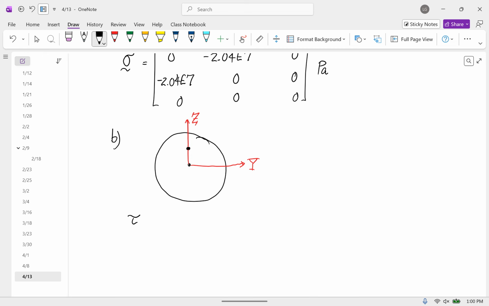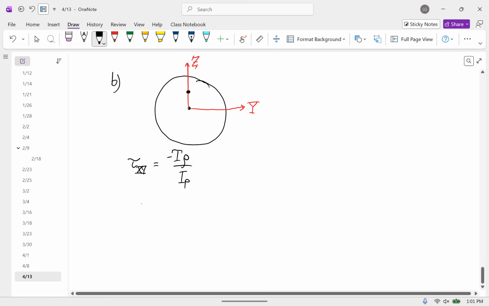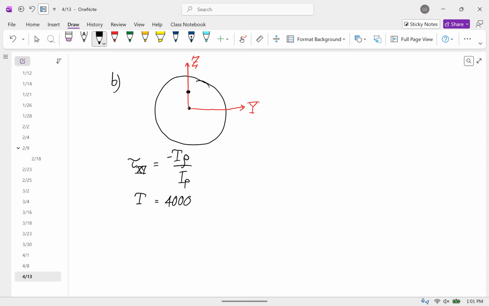this time our temporary tau x, y is equal to negative torque times rho divided by I sub p. Our torque is still positive 4,000. Our polar moment of inertia, that just depends on the cross section itself.